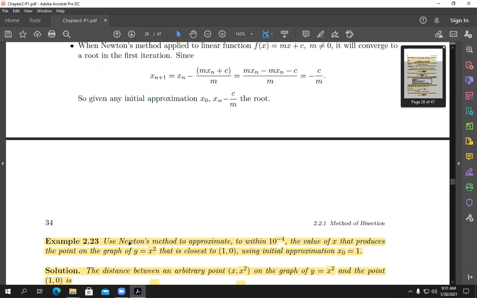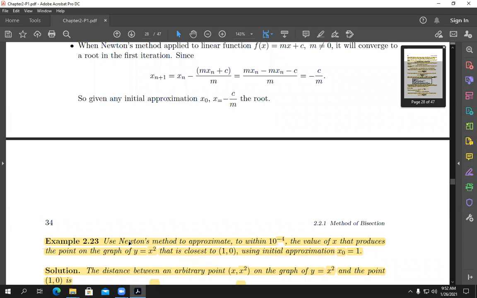Number 16. 17. 18. 19. 20. 21. 22. 23. 24. 25. 26. 27. 28. 29. 30. 31.